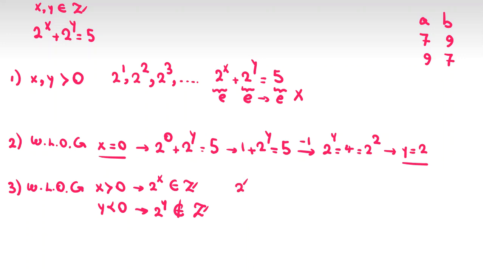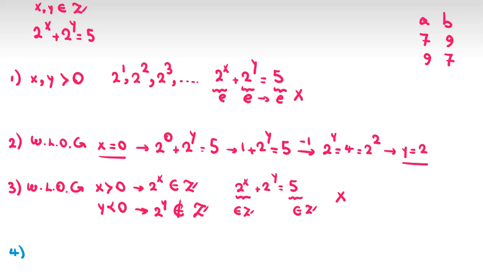But we know 2 to the x plus 2 to the y equals 5, which is an integer. Also, 5 is an integer, so 2 to the y has to be an integer. It cannot be a non-integer number. So, contradiction. Impossible.